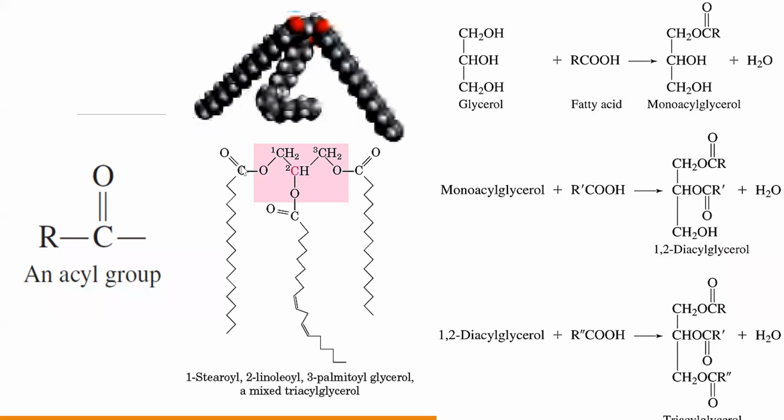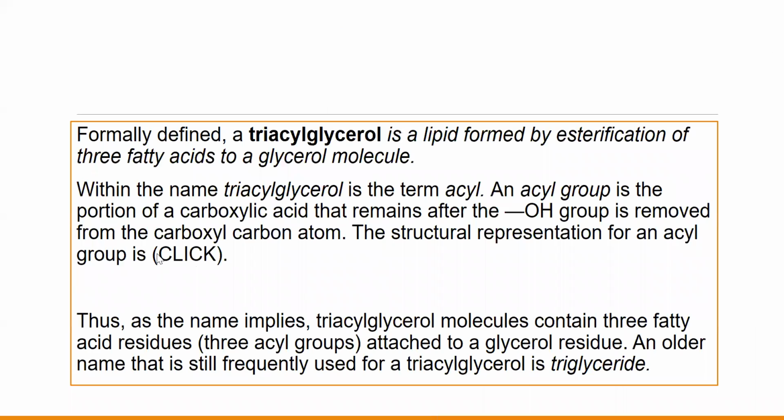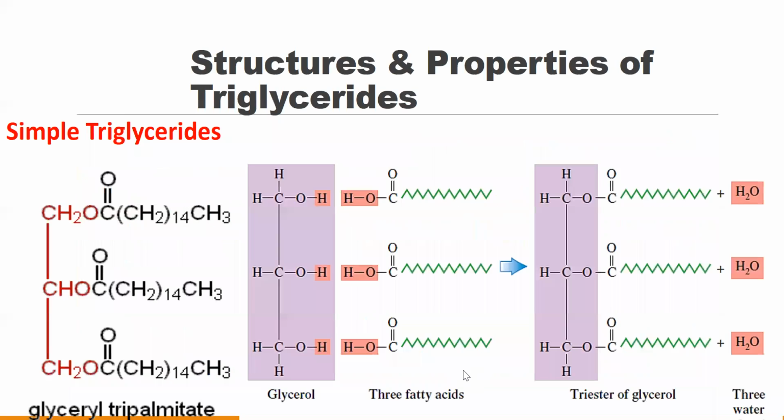So when you deesterify this one, you have your acyl group. Thus, as the name implies, triacyl glycerol molecules contain 3 fatty acid residues attached to a glycerol residue. Another name frequently used for triacyl glycerol is triglyceride. So in case you get confused, triglyceride and triacyl glycerol are just the same.